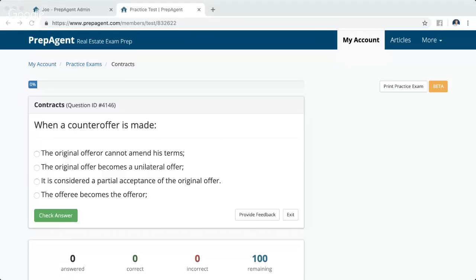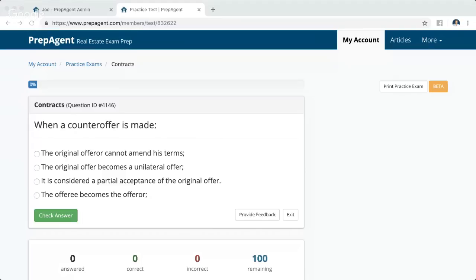So we got Erica starting us off with lawful, capable, mutual consent, and consideration. Good. So lawful object, capable parties, mutual consent, consideration. And always remember, mutual consent could also be phrased as agreement or meeting of the minds. Okay?